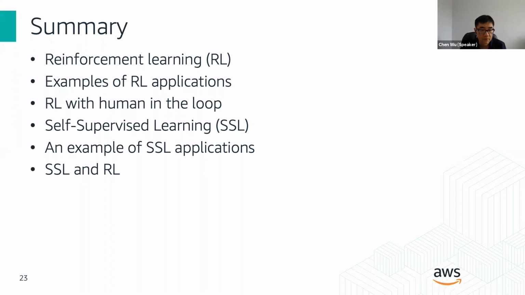We also covered self-supervised learning and gave an example. And in the end, we highlighted the connections between self-supervised learning and reinforcement learning. I will stop there and maybe take some questions.